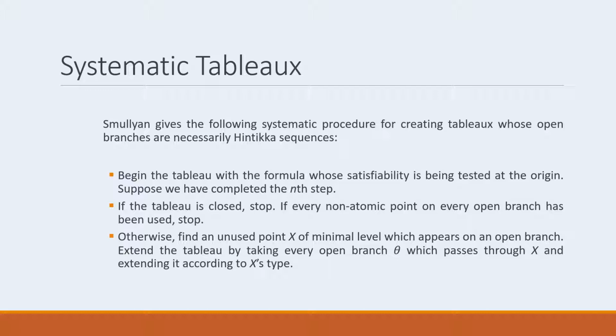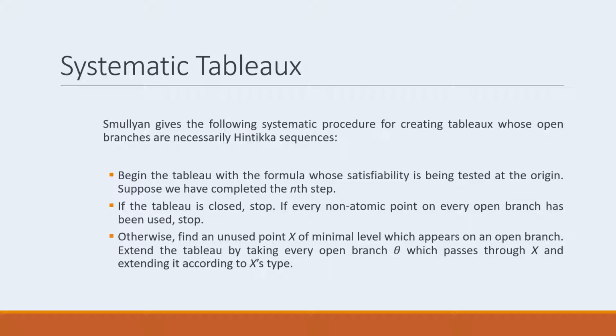Otherwise, we find an unused point x of minimal level, which appears on an open branch. If we want to be completely deterministic about it, we can pick the leftmost branch. This is why we specified that the tree has to be ordered in the first place. That way we can avoid trying to invoke the axiom of choice, and we can make this algorithm completely deterministic.